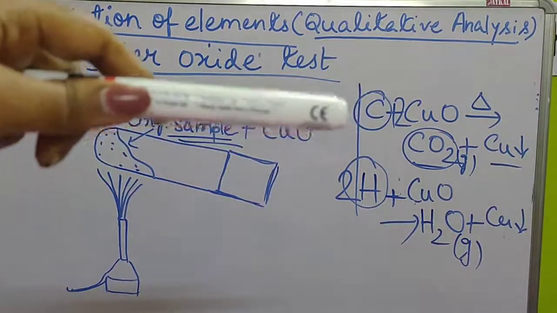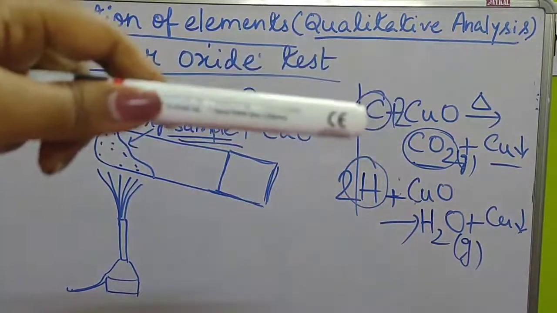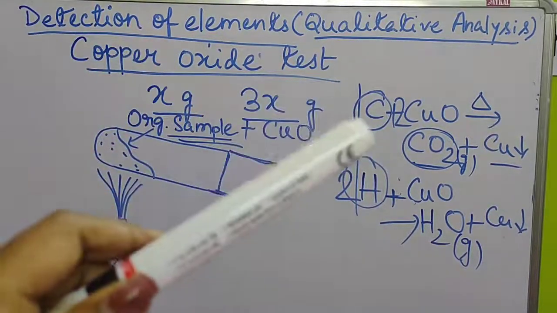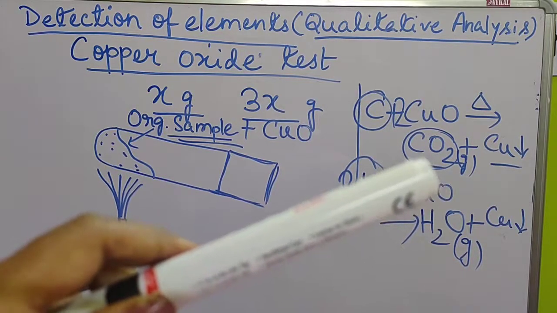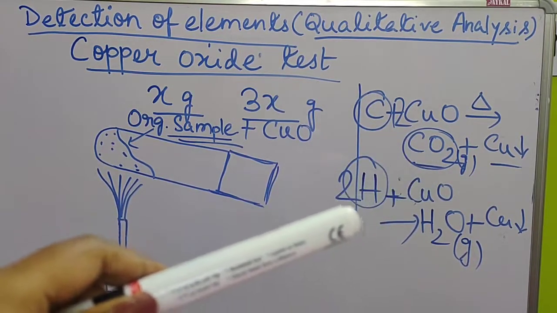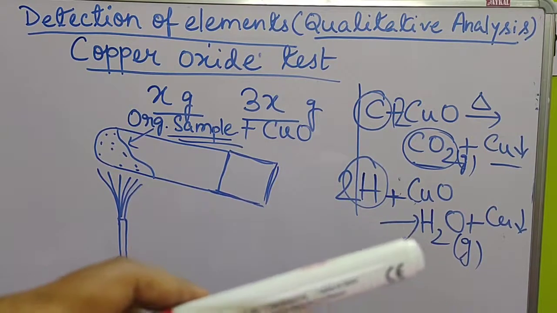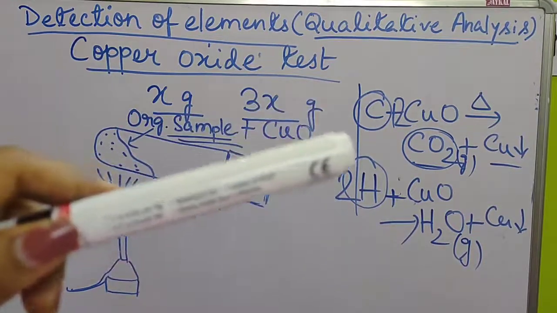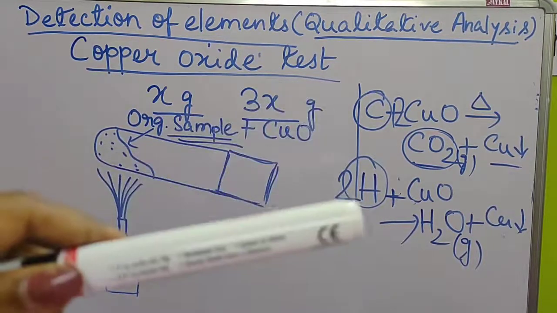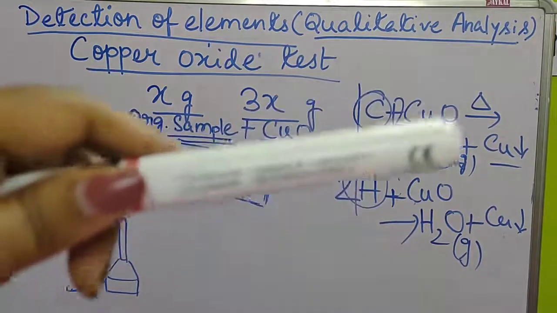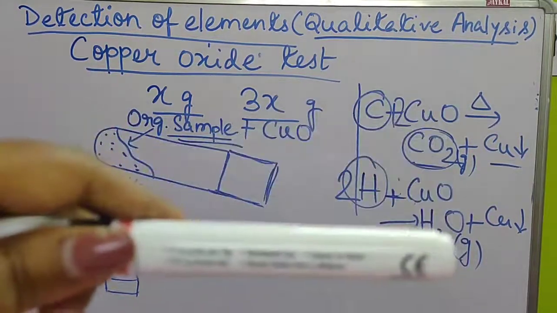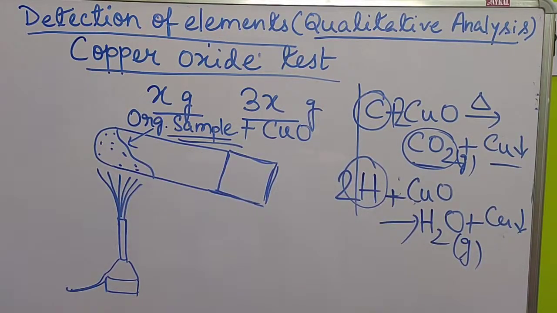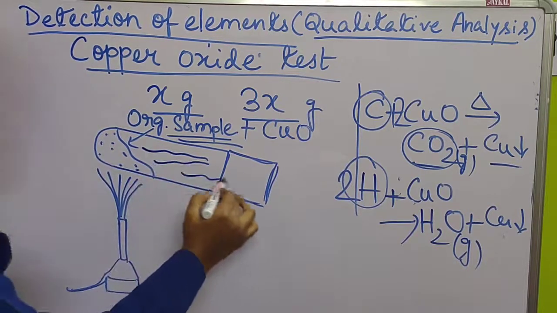When heated, carbon reacts with copper oxide and is oxidized to CO2 by addition of oxygen, and hydrogen, 2H, is oxidized to H2O by combination with oxygen. So carbon and hydrogen present in the organic sample are oxidized to their oxides, CO2 and H2O, both gaseous in nature. A gaseous mixture will be obtained from here.